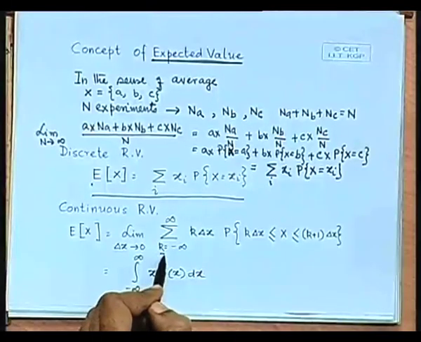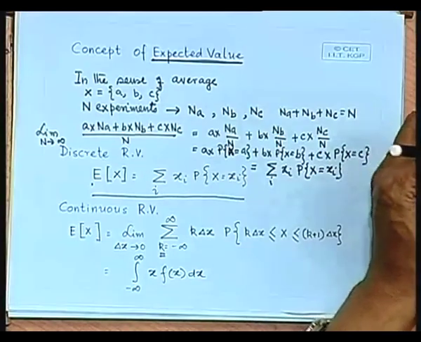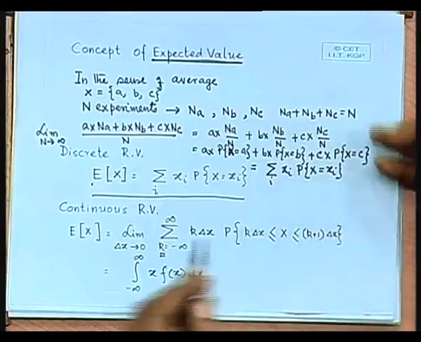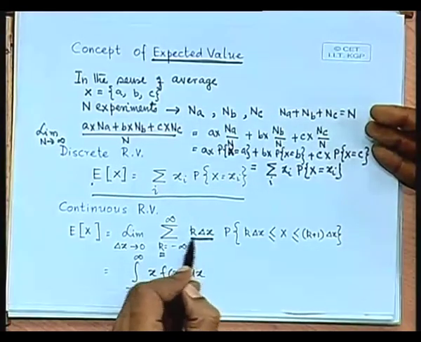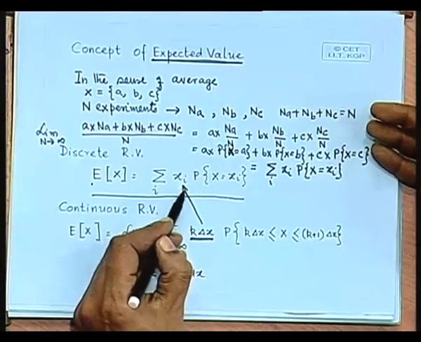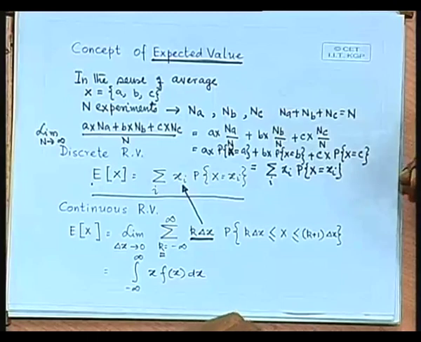So when we are calculating the probability over the real line, naturally we are going to have an infinite number of such intervals. So k indicates the interval index, with k going from minus infinity to plus infinity. This k delta x now becomes the value xi. So in the kth interval, what is the value of x? It is k delta x.